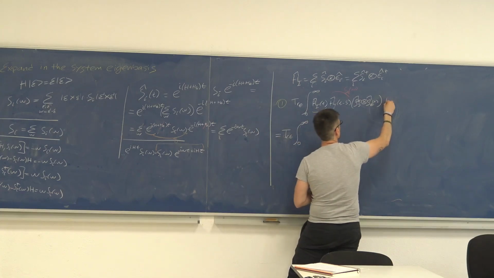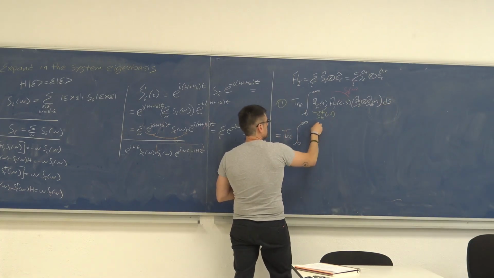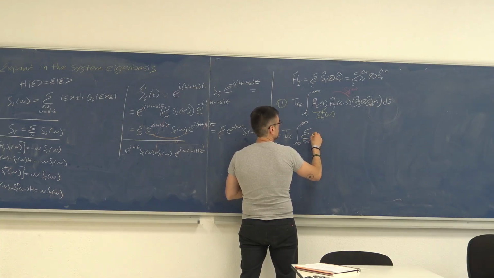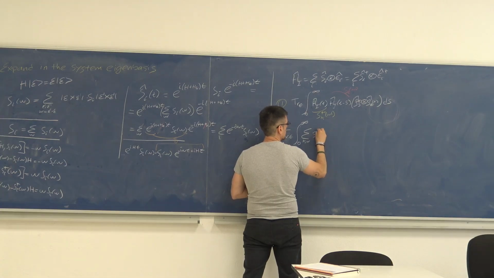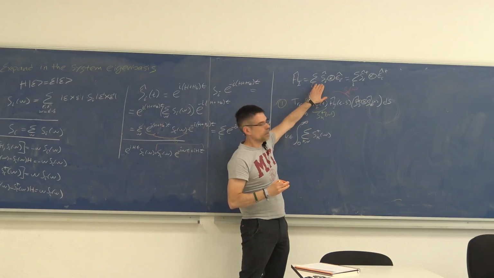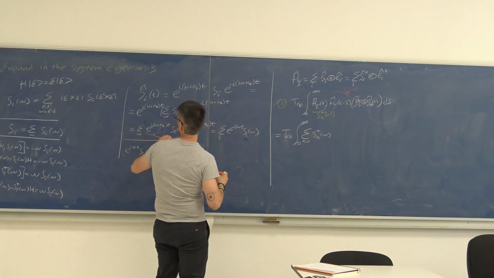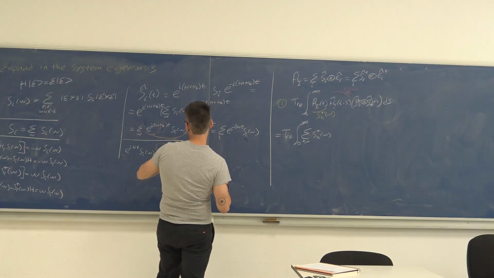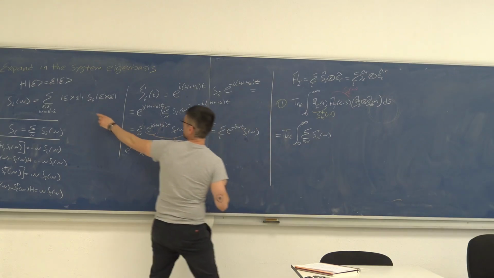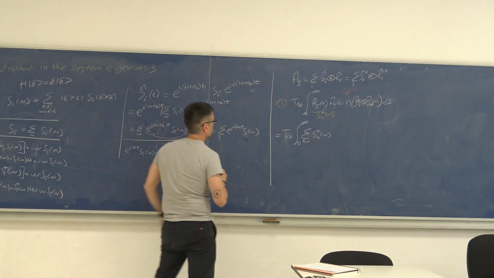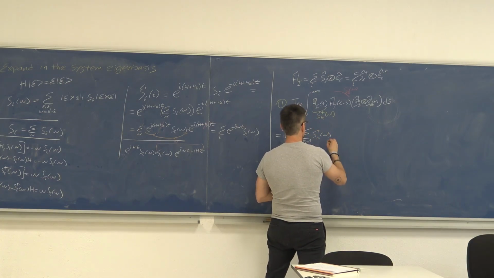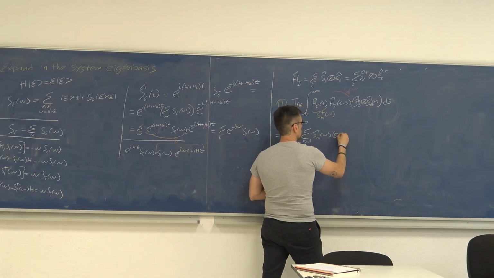Here I forgot the differential of S. This will be the sum over K and over omega prime of SK of omega prime times EK of t, because I have to sum first all the operators, and for each operator I add over omegas.